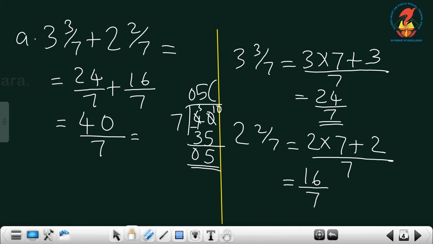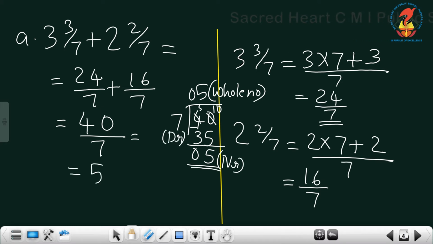Whatever comes in the quotient will become the whole number. This one is the whole number, this one is the numerator, and this is the denominator. Then you tell me, 5 and 5 by 7, that is the answer.